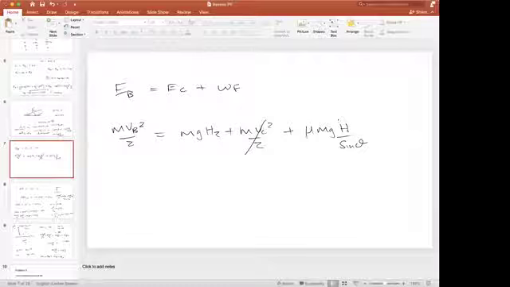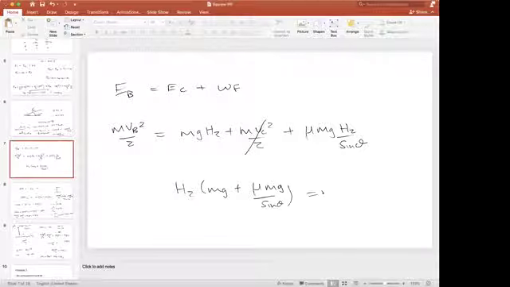So we can find h2 from this, right? Do you see how we know the angle? We can get rid of the m's, even if we didn't know the m's. We were given mu. So you could find h2 times mg plus mu mg over sine theta is equal to m vb squared, which we just found, over 2.